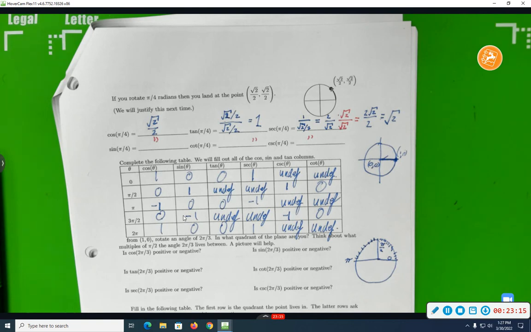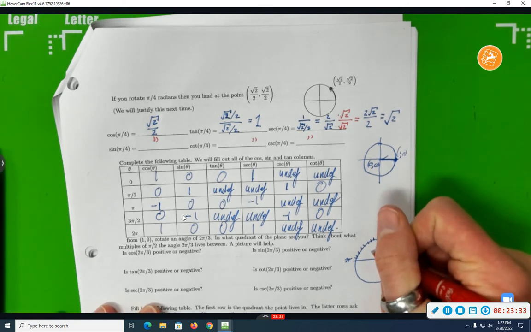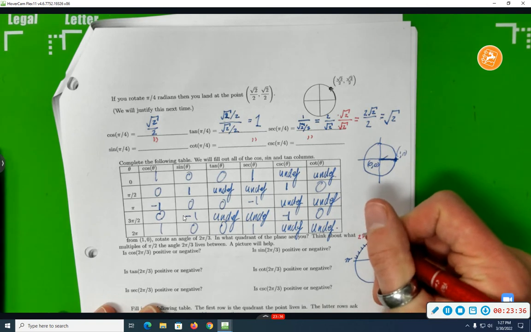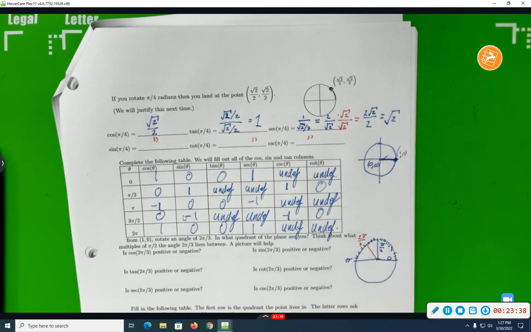Ignore the pi for a second. Is 2/3 somewhere between 1/2 and 1? It is, isn't it? 2/3 is less than 1, because 1 is 3/3, but 2/3 is bigger than a half. So yeah, it's between. So 2 pi over 3 sits somewhere in that quadrant.